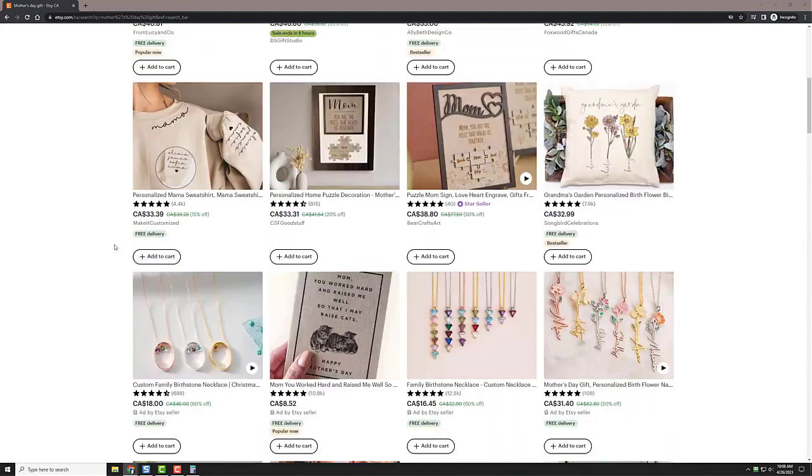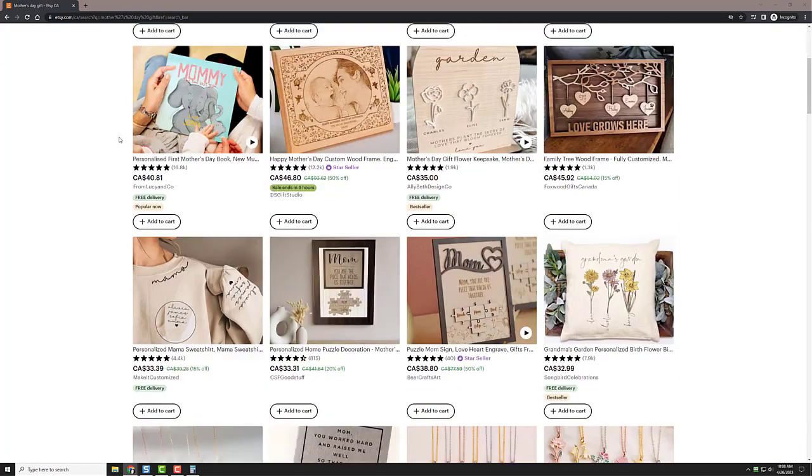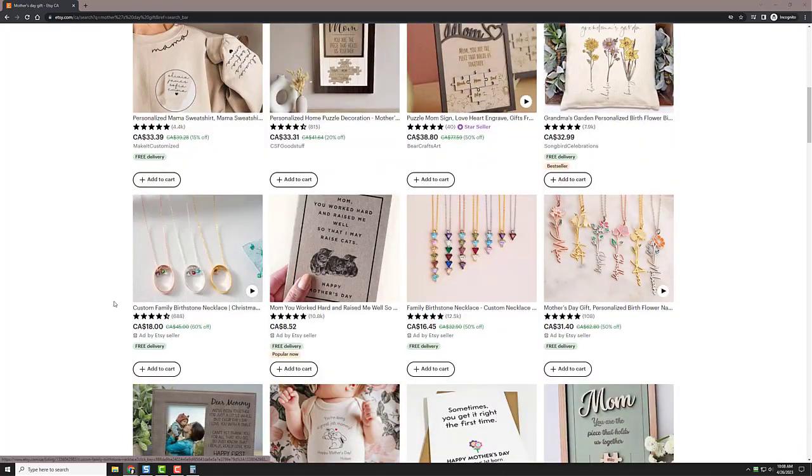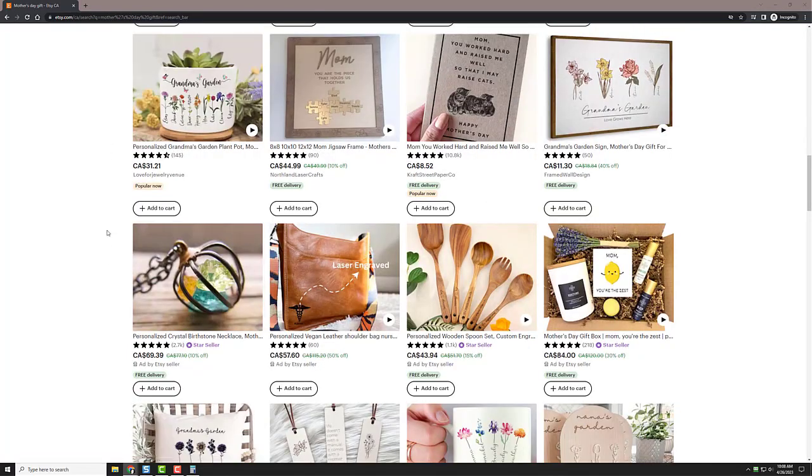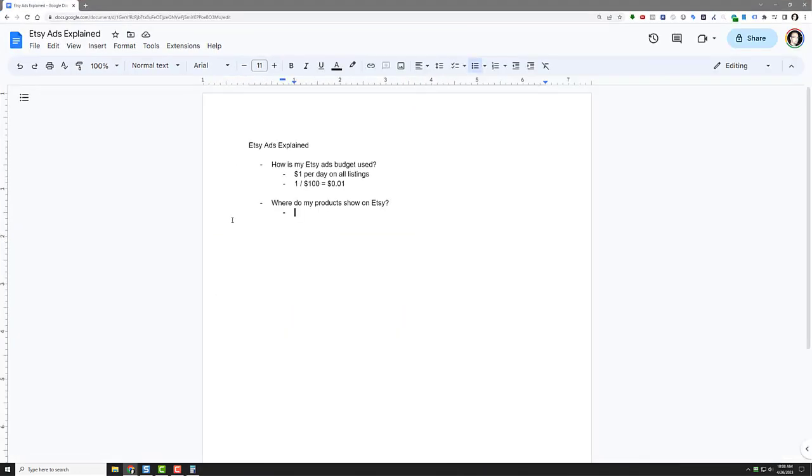So on this front page, we've got row 1, 2, 3, row 4, 5, 6, row 7. So 1, 4, and 7 are where ads show. There are 12 spots on page 1 of results, and that's who you're competing against for those 12 spots.